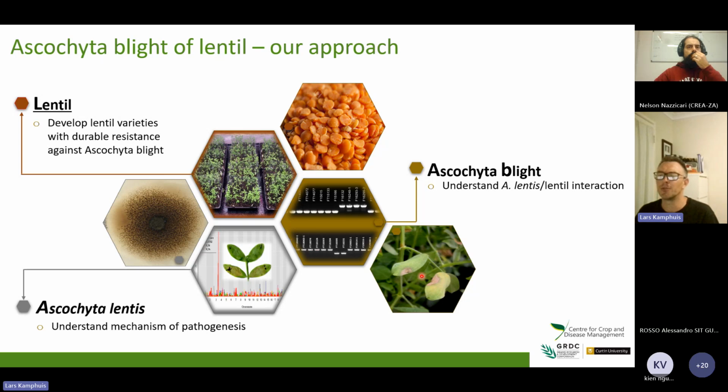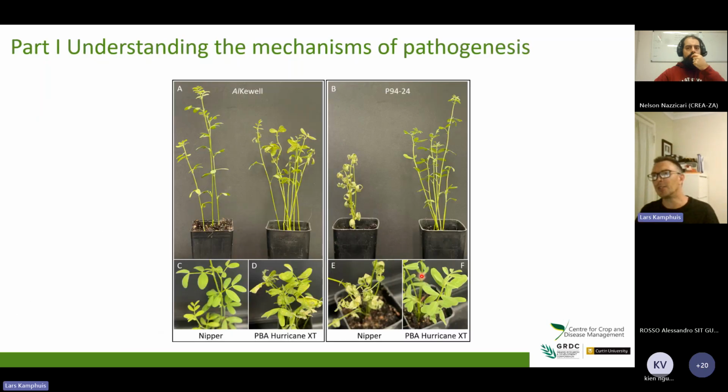And so our approach focuses on both the host, lentil, to try and identify sources of resistance, but also the pathogen Ascochyta lentis and the interaction. And I'll talk about that in the coming slides. And so I'm going to introduce some key players in our research, mainly focusing on two pathogens or pathotypes.